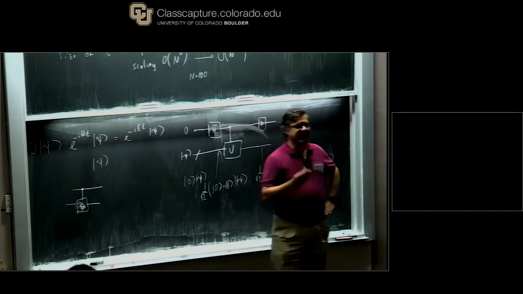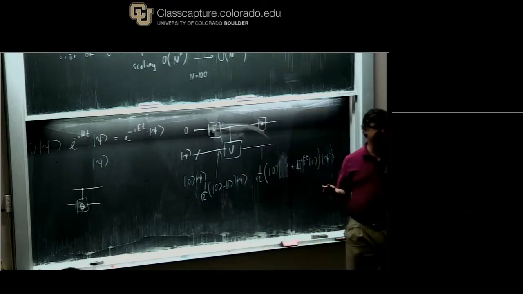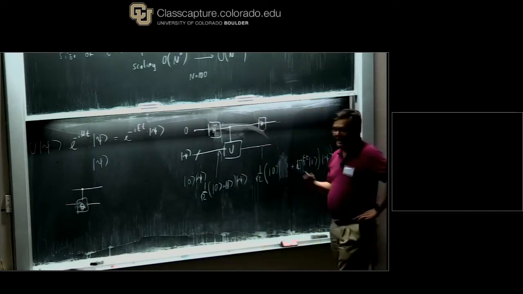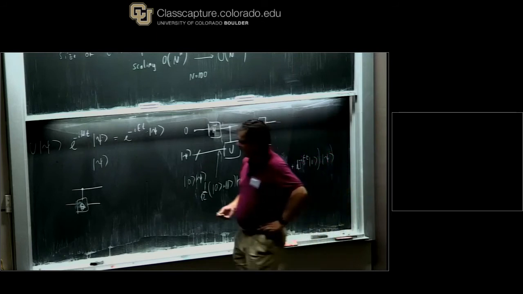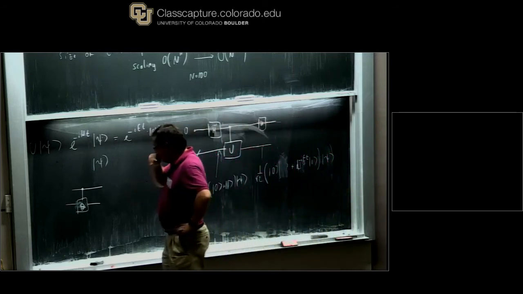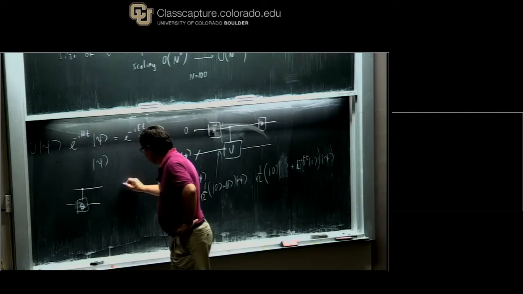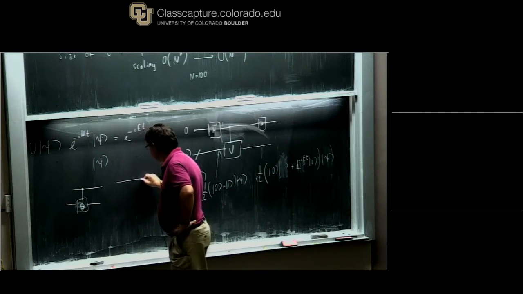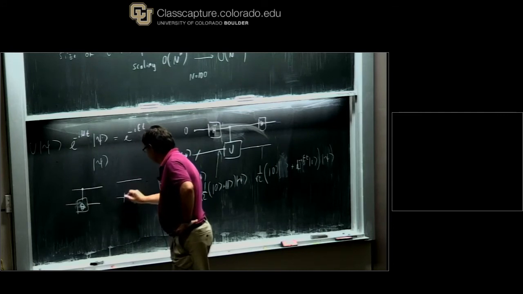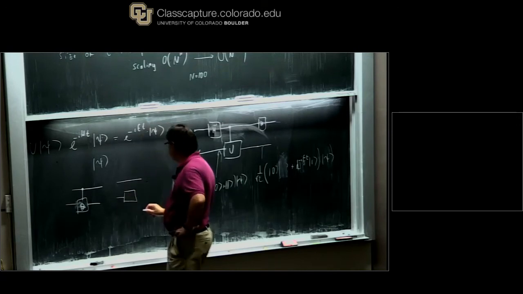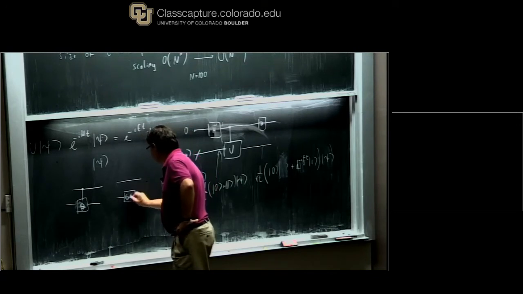We typically don't have controlled rotations in our hardware. We have a C naught, and we have single qubit rotations. So what I then do is I can do a rotation by half the angle, theta over 2.